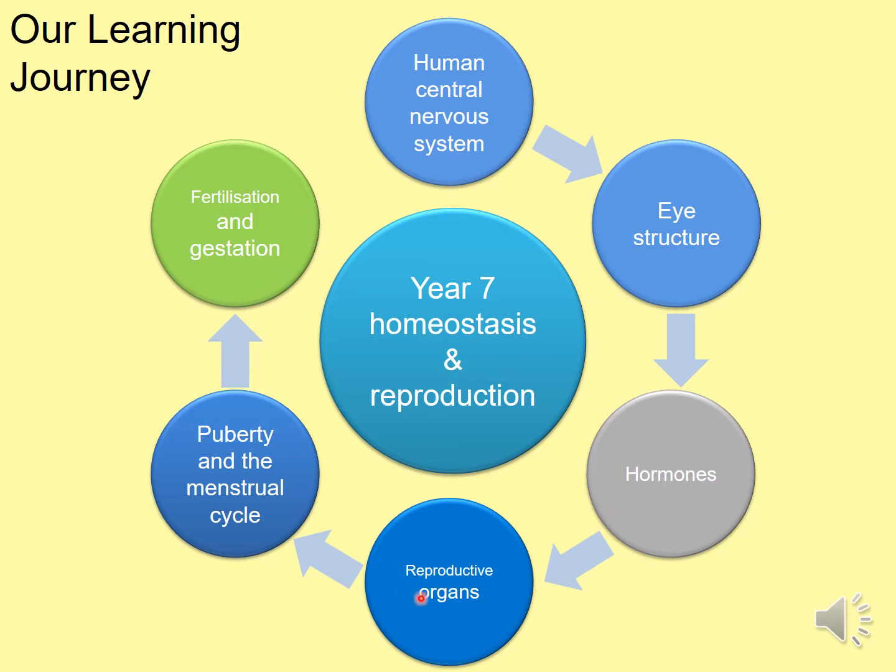Then we have looked at hormones in the nature of reproductive organs, and we have then controlled the menstrual cycle and the development of the body ready for reproduction through those hormones again, and looked at the parts of the reproductive system. And then finally today, at the end of this particular topic, we are now looking at fertilization, where the gametes fuse, and gestation, the length of time it takes for the offspring to be born.